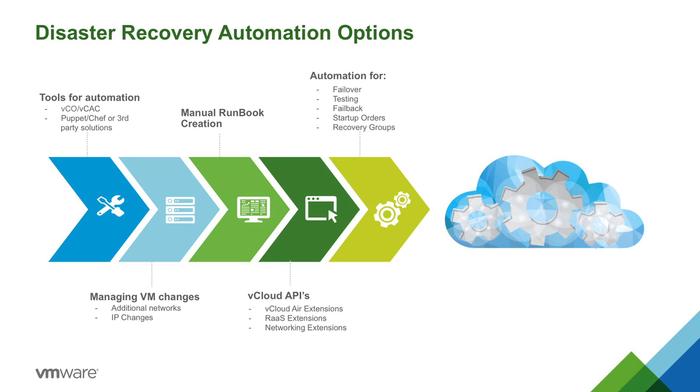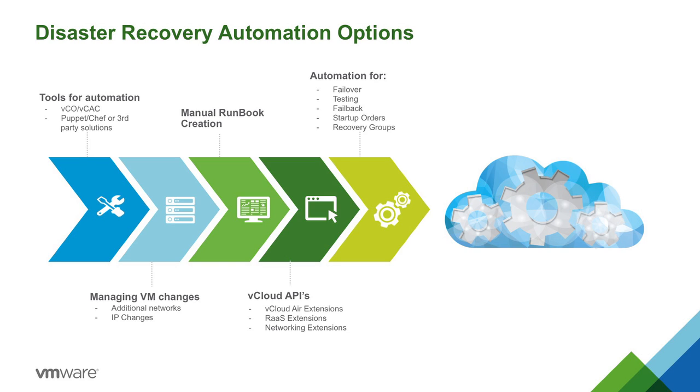We have a number of options as well around automation. As we mentioned in the initial videos, we talk about how you can automate your solutions using a vRealize Orchestrator plugin. We also have other options around vRealize Automation. You can leverage plugins with Puppet or Chef or other third-party solutions. And included in the automation options is the ability to manage virtual machine changes.